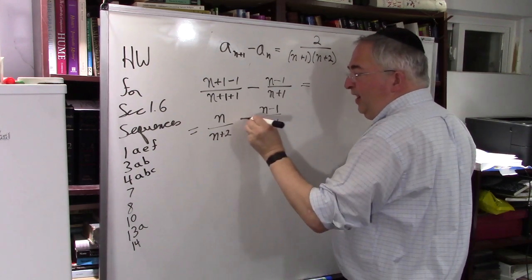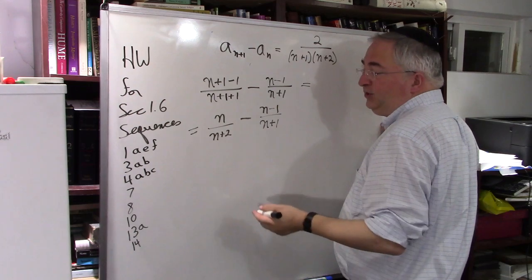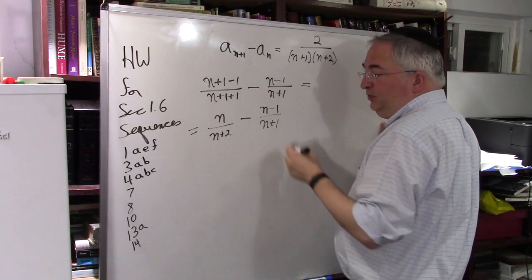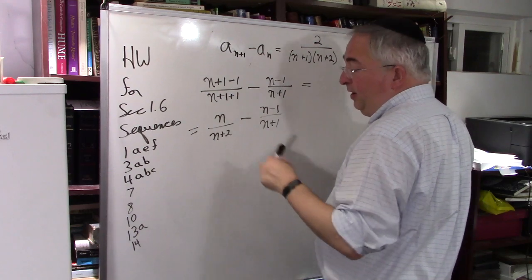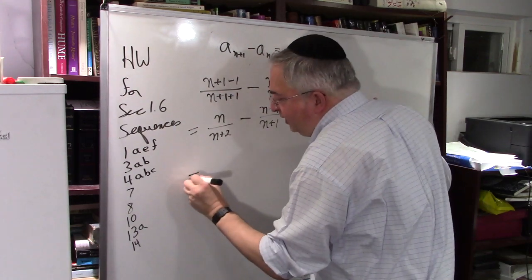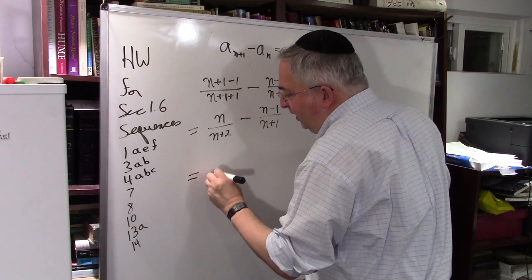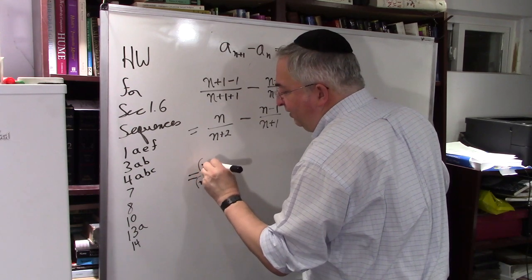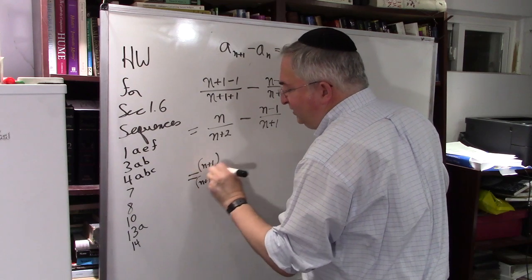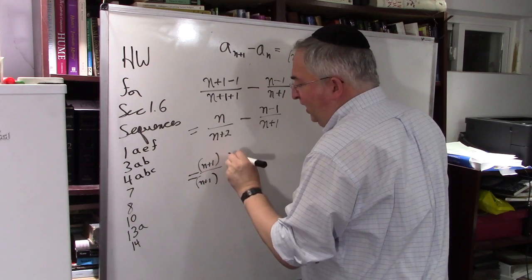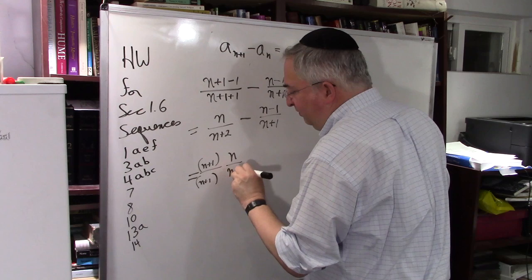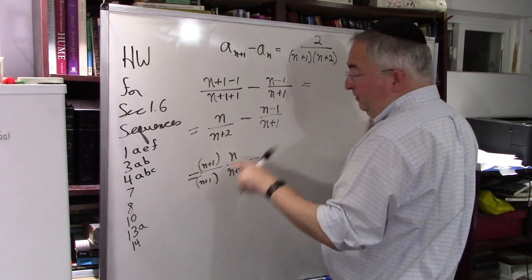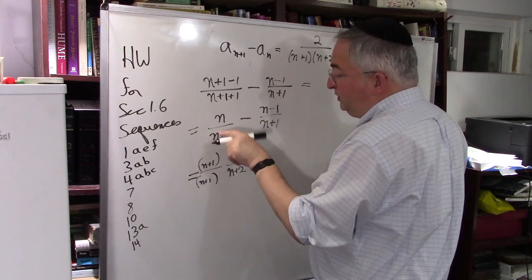Okay, so we have a subtraction of two fractions with two different things on the bottom. So let's make it common denominators. So we're going to multiply this by n plus 1, and this is divided by n times n plus 2, minus, so this is missing an n plus 1.